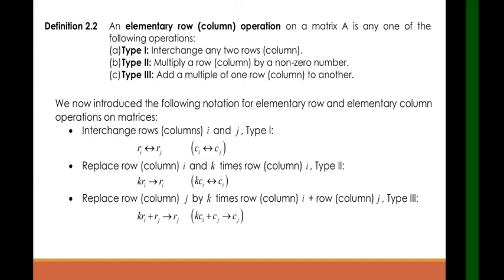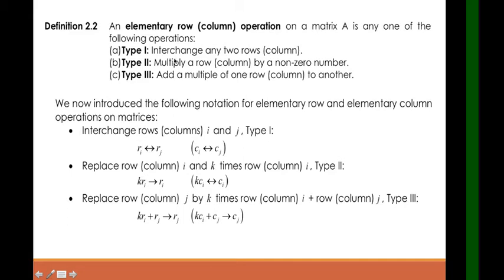So, ibig sabihin ng add a multiple of one row to another, you can just say, let's say, R1 plus R2, or pwedeng 3 times row 1 plus R2. So, pwedeng ganun siya. So, we now introduce the following notation for elementary row and elementary column operations on matrices.